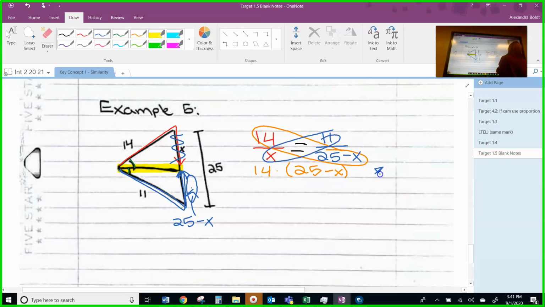And then x times 11. I'm going to distribute, well, 14 times 25 is 350. 14 times minus x is minus 14x.